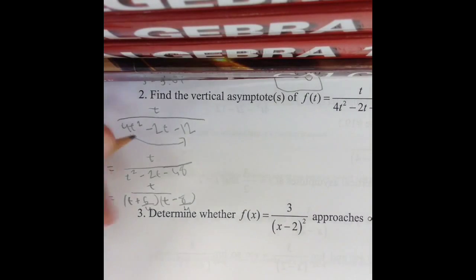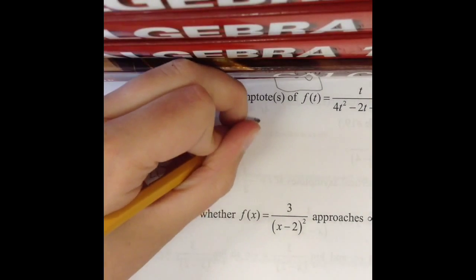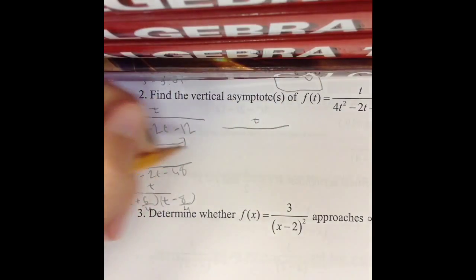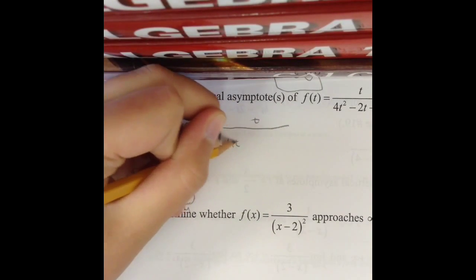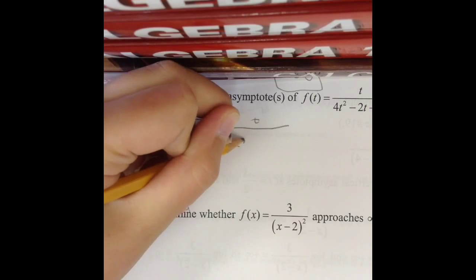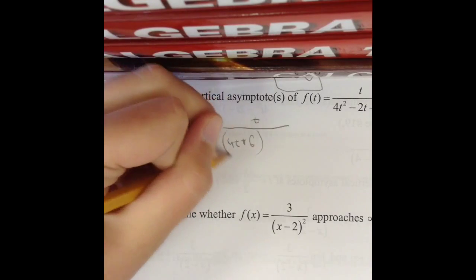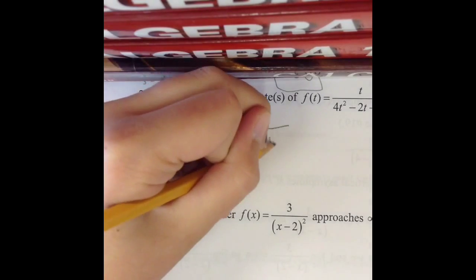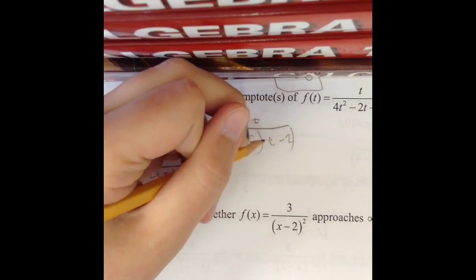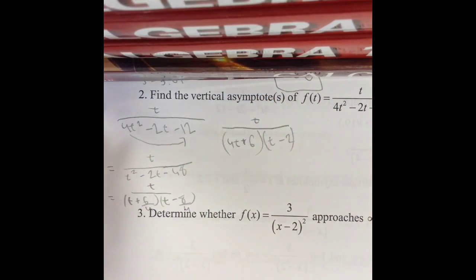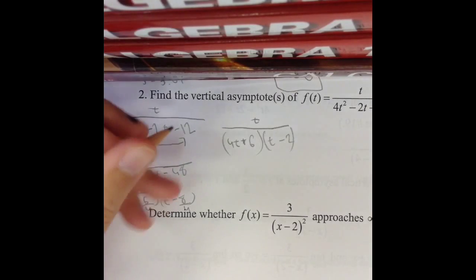So we're going to end up with t over (4t plus 6) times (t minus 2). And to find the vertical asymptotes, you just set the bottom equal to 0.